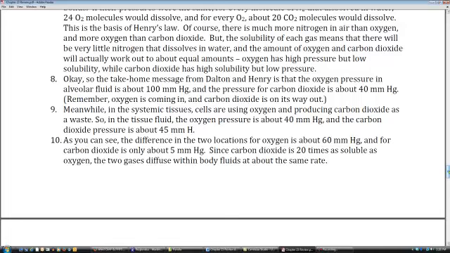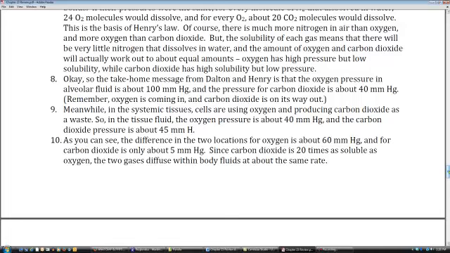And because the blood in the pulmonary capillaries comes to equilibrium with alveolar air, then if you measure the oxygen and carbon dioxide in the pulmonary veins leaving the lungs, it's also 100 millimeters mercury oxygen and 40 millimeters mercury of carbon dioxide. And it will stay that way, more or less, until it gets to the systemic tissues, because that's the next place gas exchange will occur.